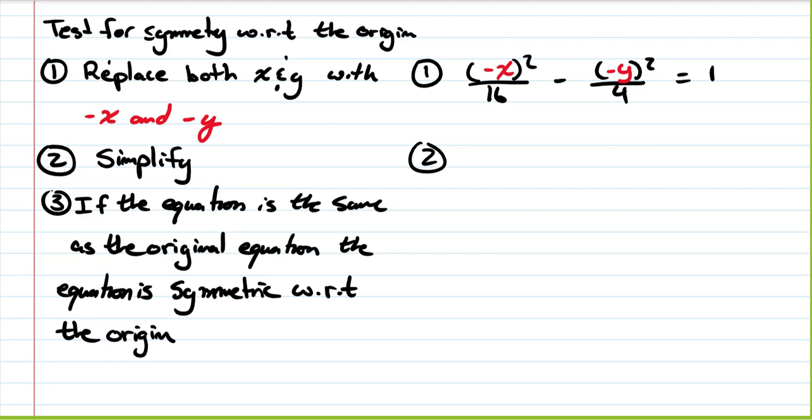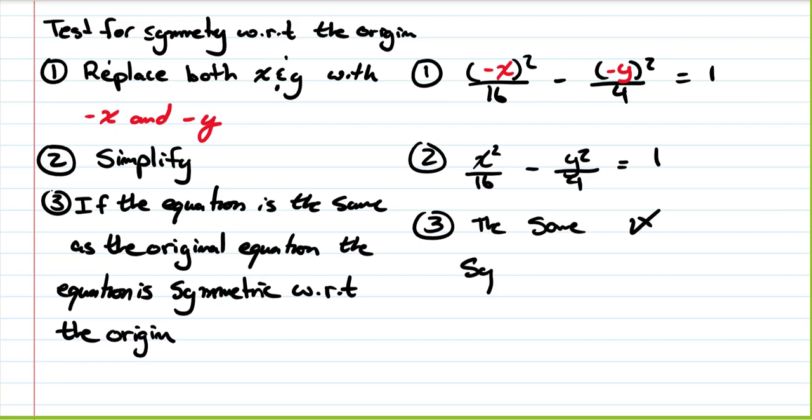And just as we saw in the previous two examples, negative x times negative x is positive x squared over 16. Negative y times negative y is positive y squared over 4 is equal to 1. And once again, it's the same. So symmetry with respect to the origin.